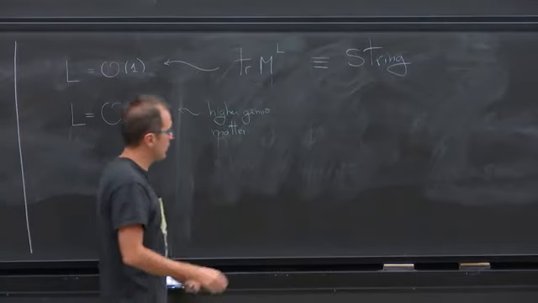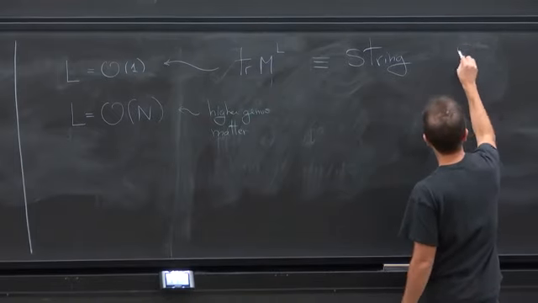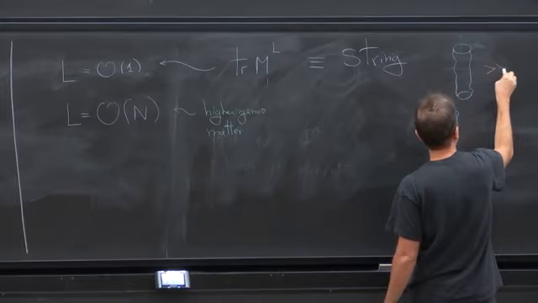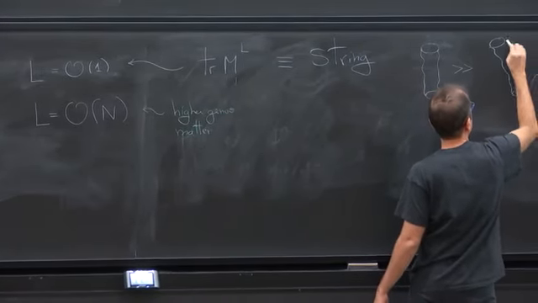And in particular, when you have a string, this correlation function of a string to a string is much bigger than a correlation function where a string breaks into two.